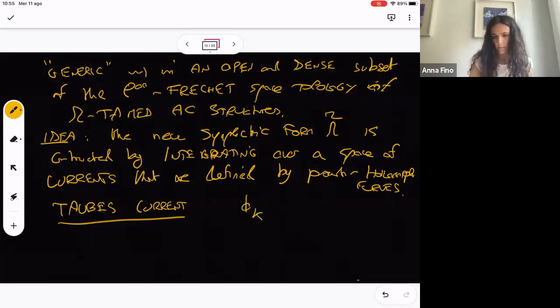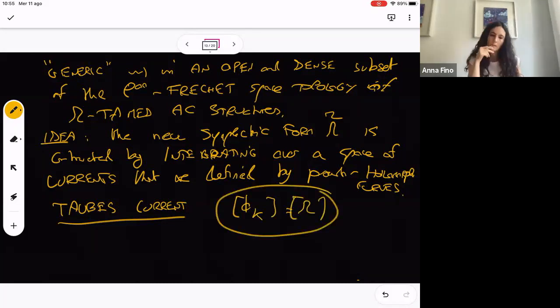It depends on some constant k anyway, but the important thing is that this is the same class as omega, and that's why modifying this current, he obtained a new symplectic form which is in the same class.